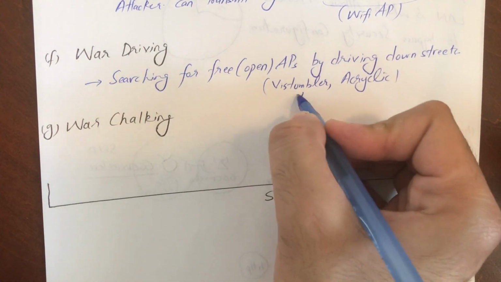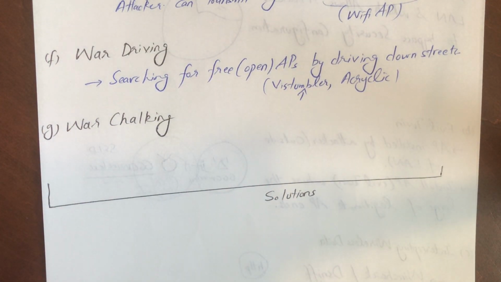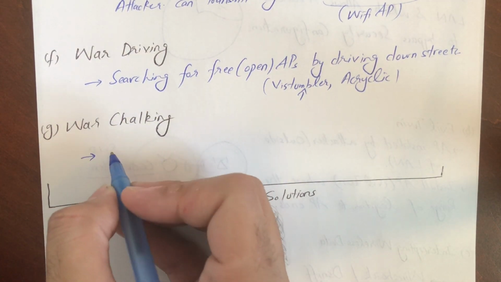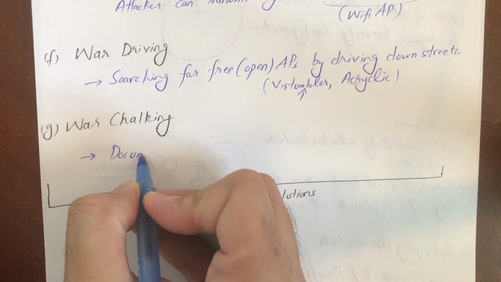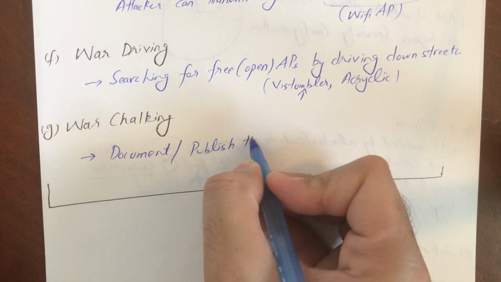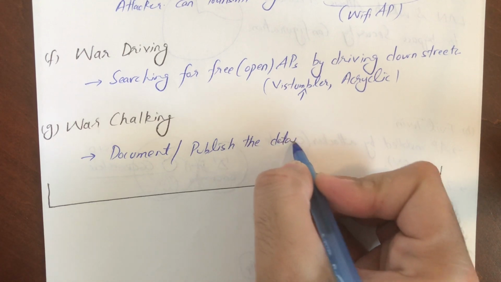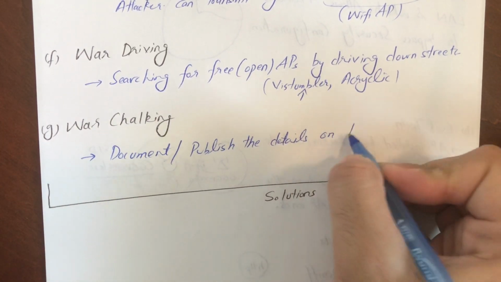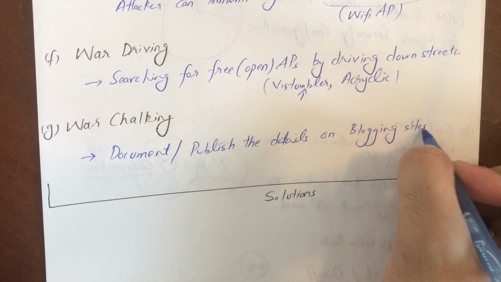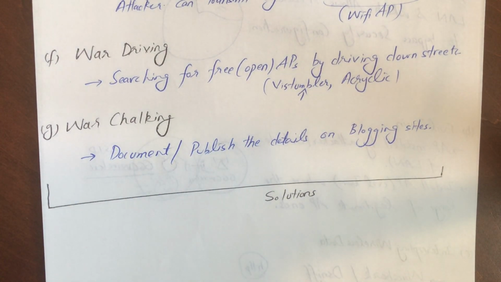There are many software tools. After finding an open access point, they document or publish the details on blogging sites. What does that mean? It means they let people know, hey, this particular Wi-Fi is free. If you live in this subdivision, don't purchase an access point. Stuff like that, just to exhaust the bandwidth.